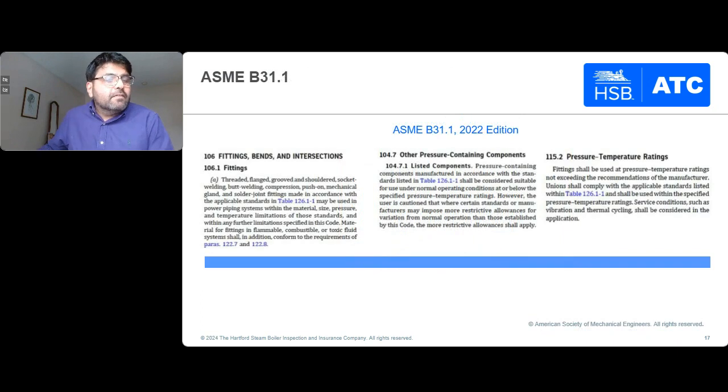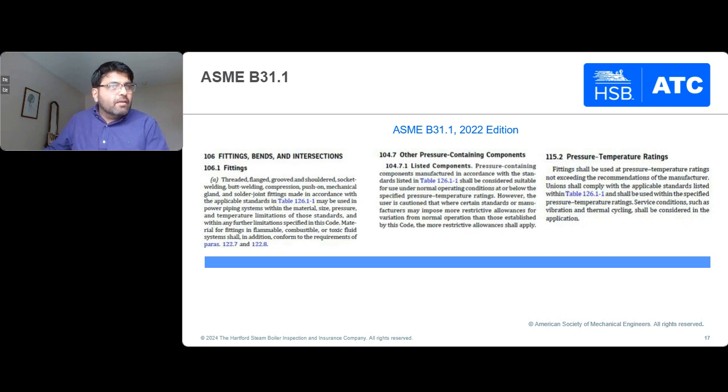I'll take a minute or two to briefly look at the B31.1 standard. So there are at least 2-3 paragraphs that I can think of, like this one, 106.1, that talks about fittings. Then we have 104.7 that talks about other pressure containing components. There's this paragraph here that talks about how to establish the PT ratings.